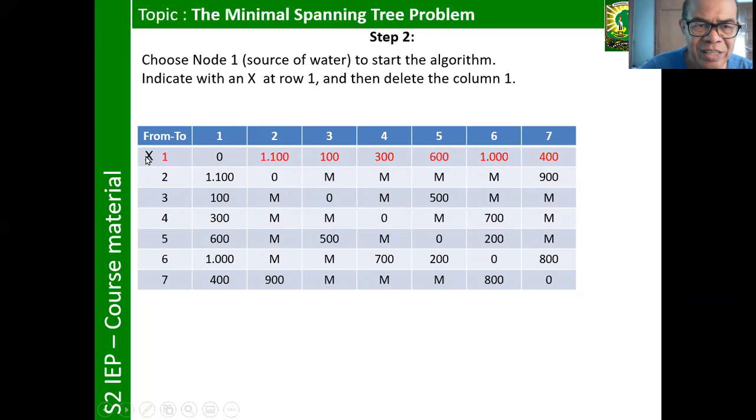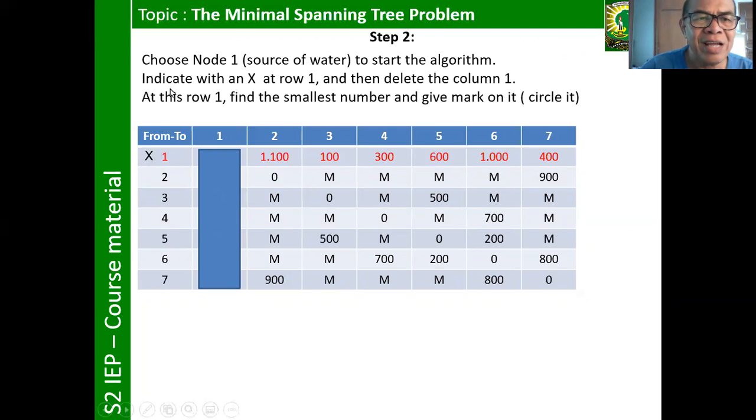Then in row 1, we need to find the smallest number and circle it.